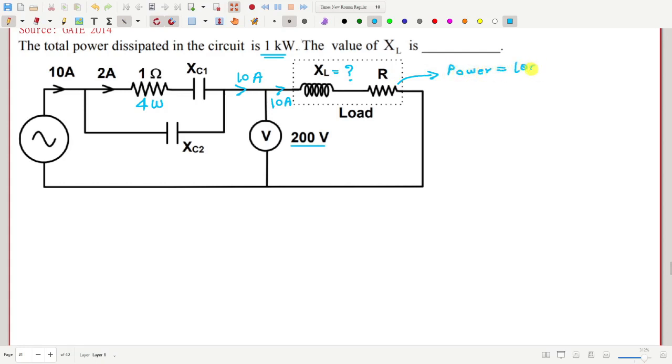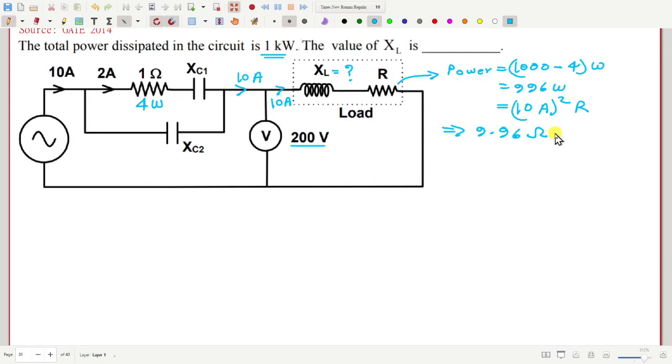That is 1000 minus 4 watt, which is 996 watt, and this should be equal to 10 ampere squared into R. So how much is R? 9.96 ohm. Okay, so R is known.